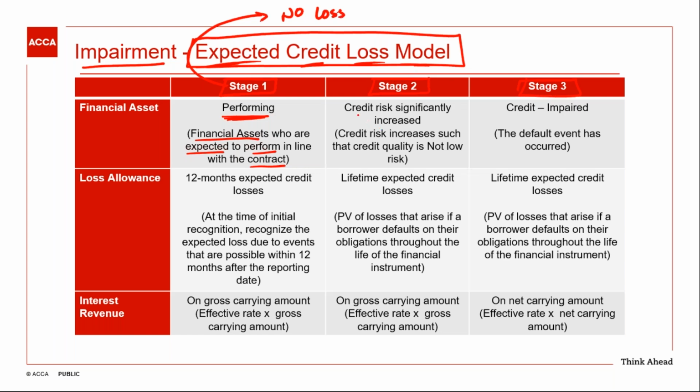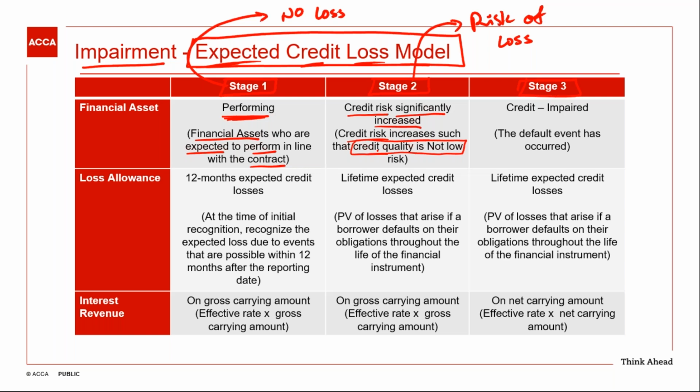Similarly, in stage 2, we are going to classify the assets where the credit risk has significantly increased, where we have a risk of loss. The credit quality is not low risk now, so this will be classified in stage 2.